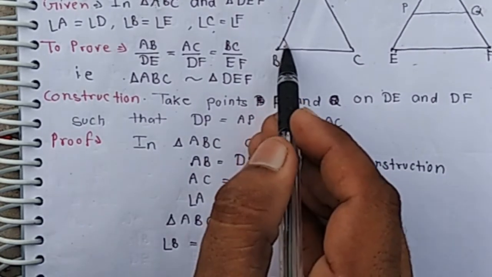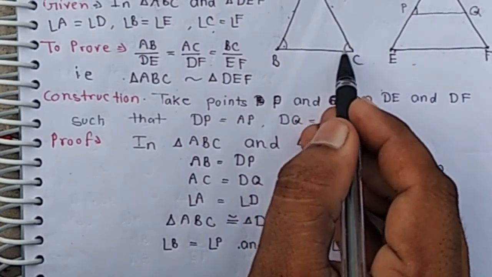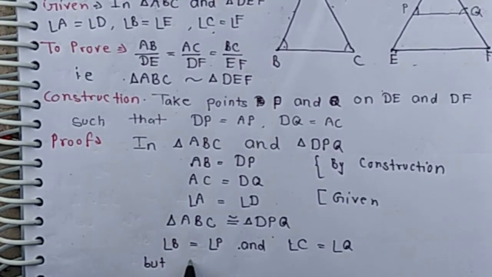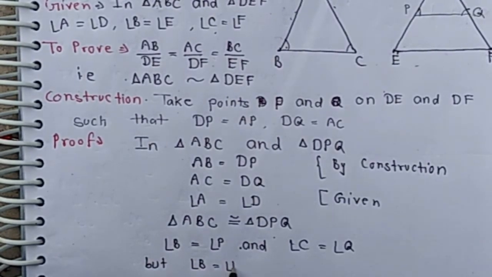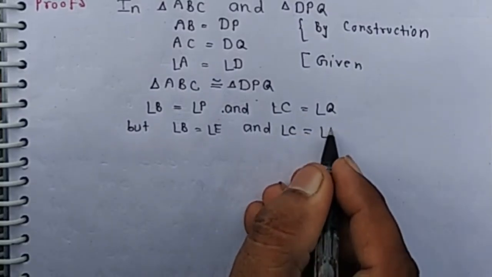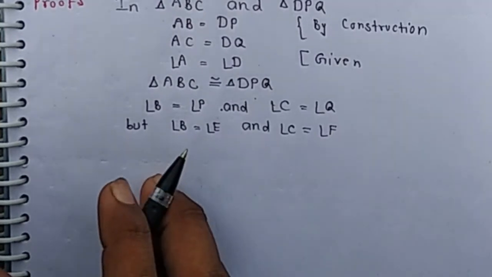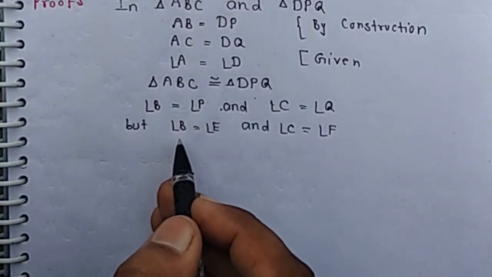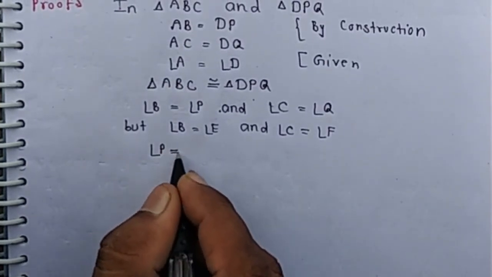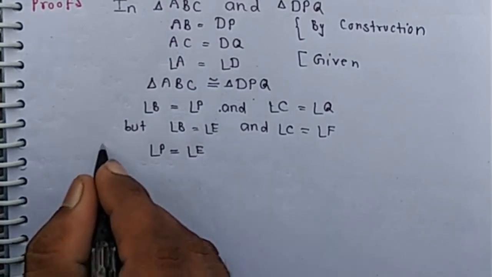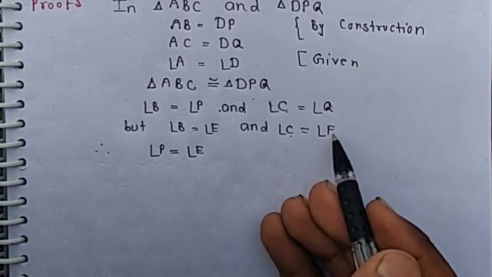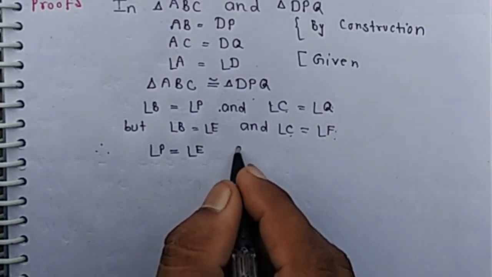But angle B is equal to angle E, it is given, and angle C is equal to angle F, it is also given. So angle B equals angle P and angle B equals angle E, which means angle P is equal to angle E. Angle C is equal to angle Q, and C is also equal to F, so Q and F are equal.